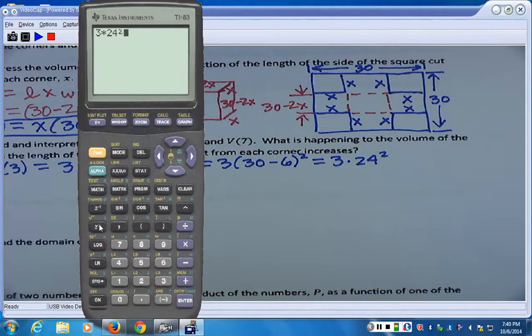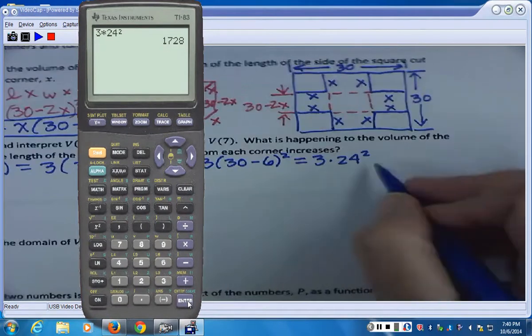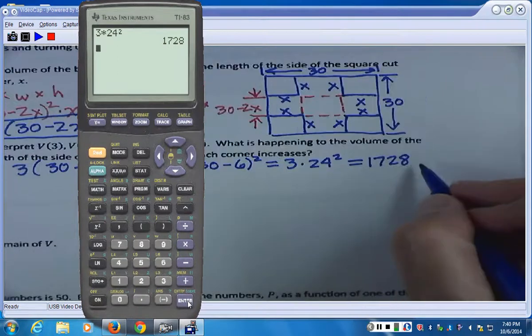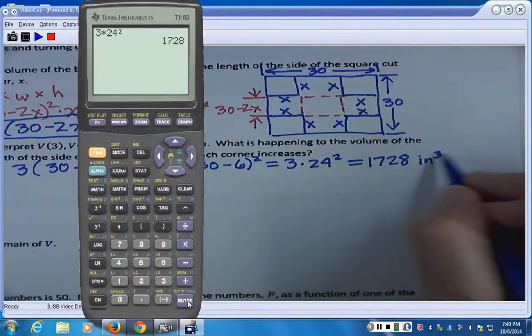Now you wouldn't want to multiply the 3 times 24 first. If you type it like this, the calculator is going to do the right order of operations: exponent and then multiply. So it took 24 squared times 3 and got 1728. And that's in cubic inches.